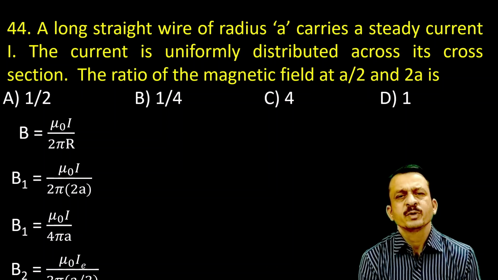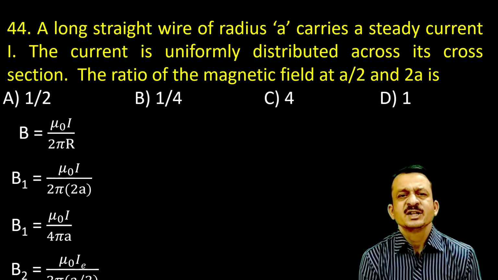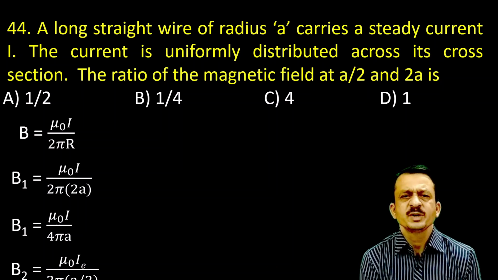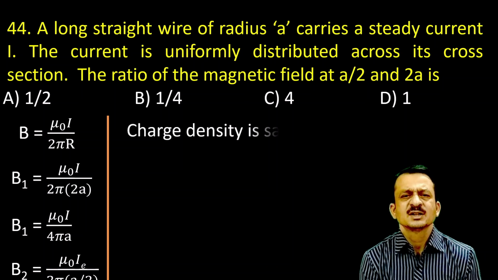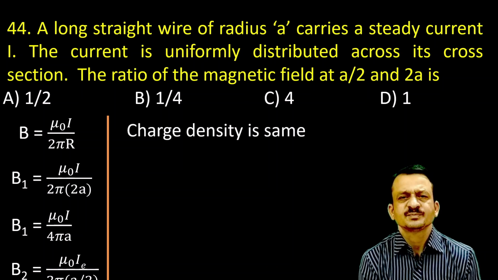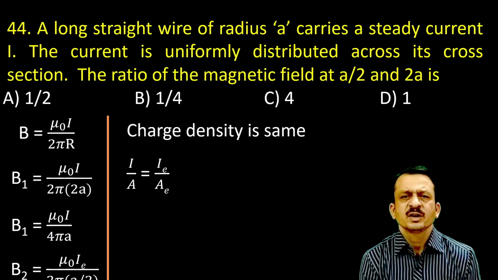That we have to first work out, what is the current enclosed. For that concept, we have to make use of the current density, which should be a constant. What is current density? J is equal to current per area. That should be a constant. Now based on that concept, that is I by A is equal to IE by AE. I, the total current flowing, A, the total area of cross section of the wire, and IE, the current enclosed, that we have to calculate, and AE, area enclosed by that Amperian loop.